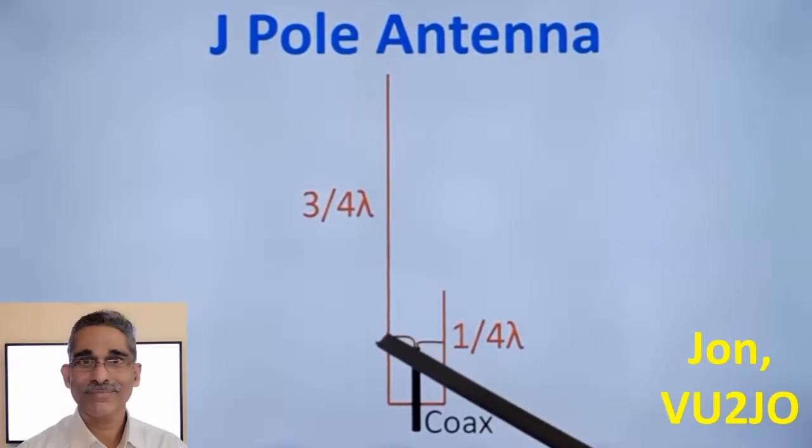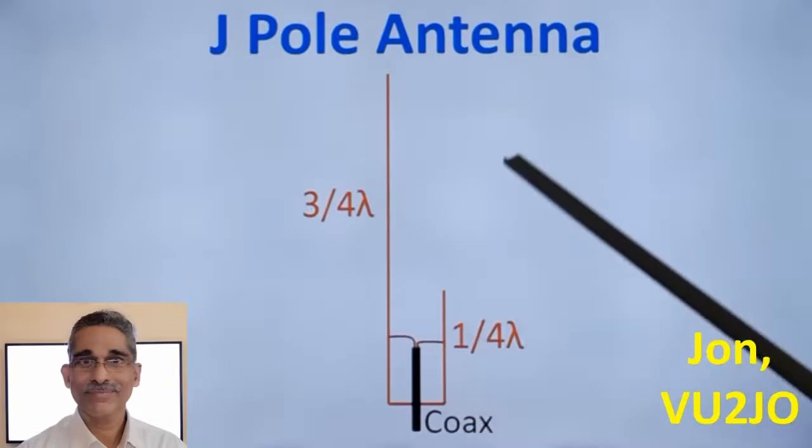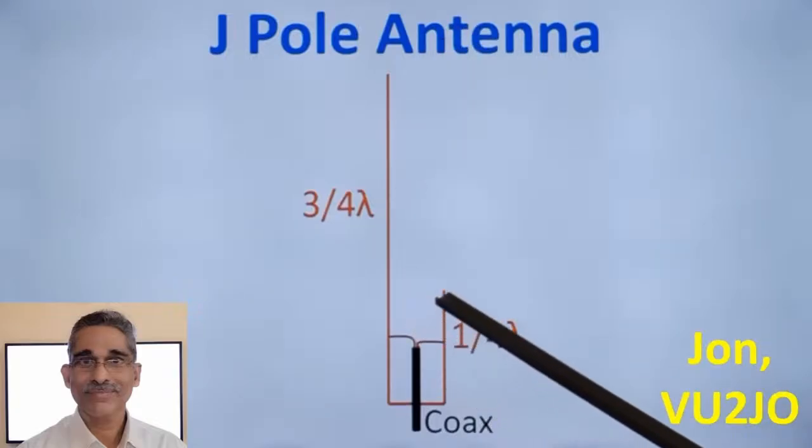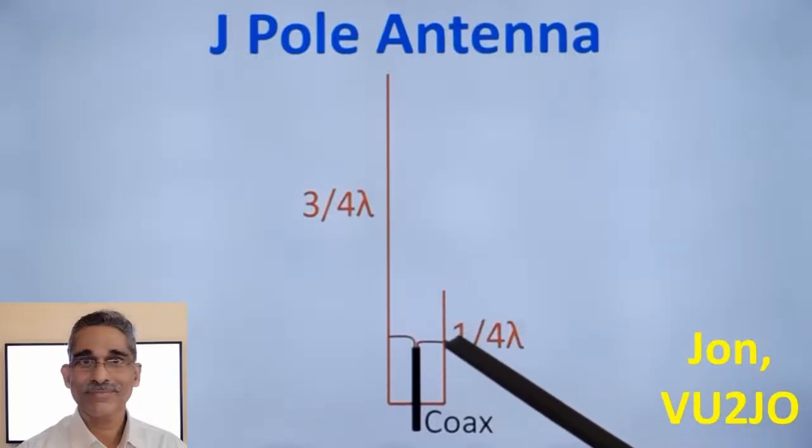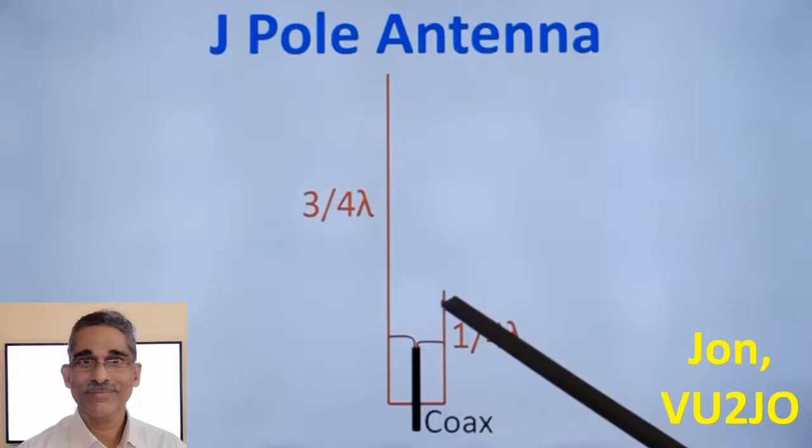You have connections from the coax on either side, and the connection point has to be adjusted by sliding up and down to have the lowest SWR. That is how the J-pole antenna is tuned. J-pole has a gain of around 2 dB above a ground plane vertical antenna.